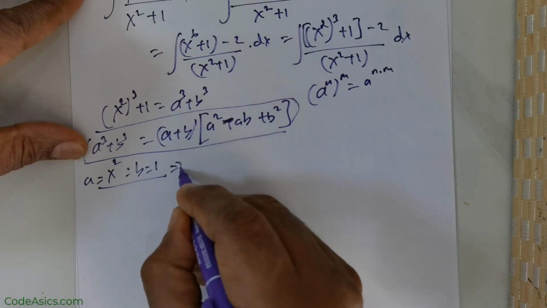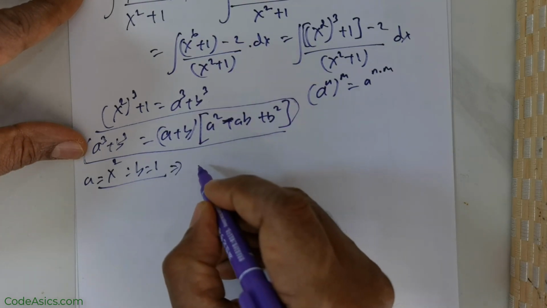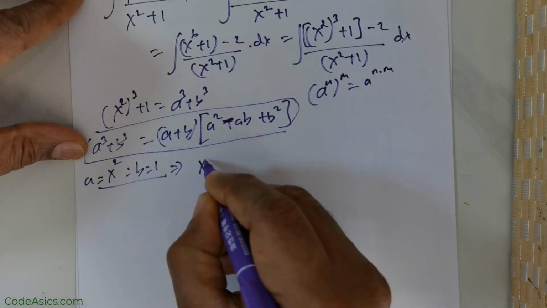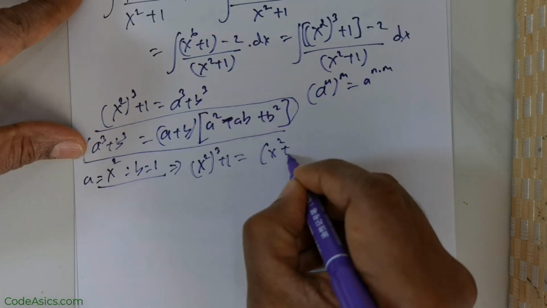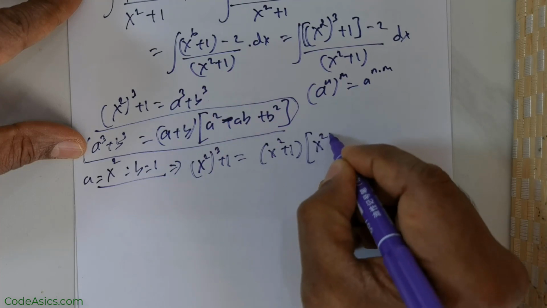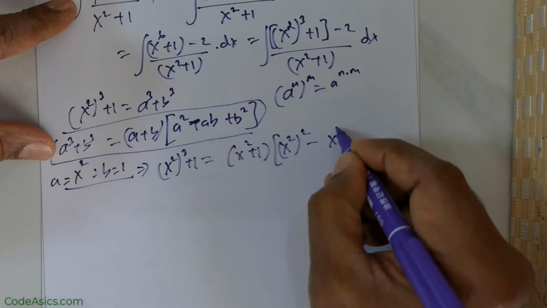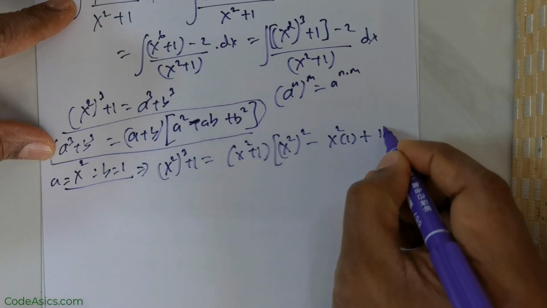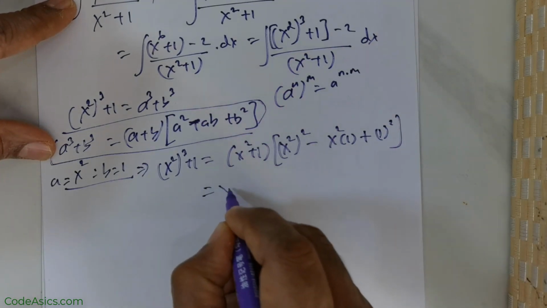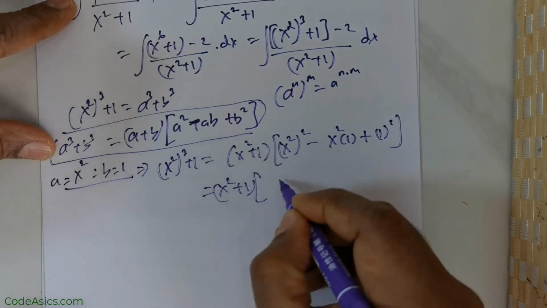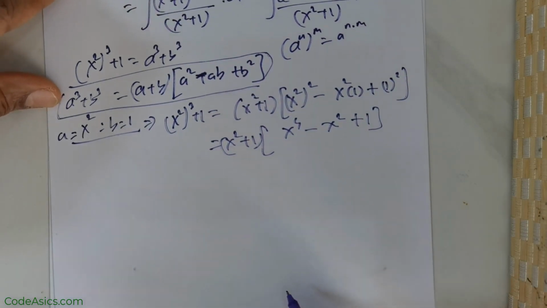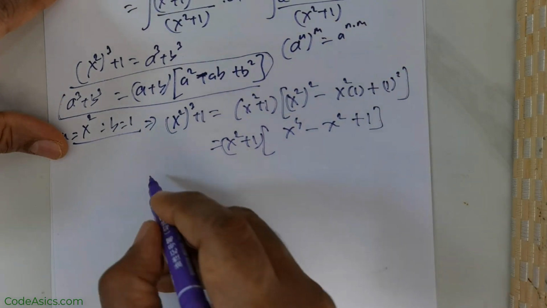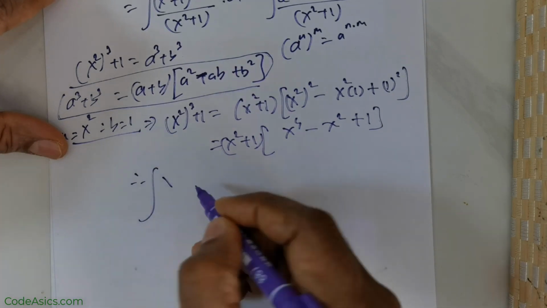So this is x squared raised to the power of 3 plus 1. This can be rewritten as x squared plus 1 times x squared raised to the power of 2 minus x squared times 1 plus 1 raised to the power of 2. So this is going to be x squared plus 1 times x to the power of 4 minus x squared plus 1.